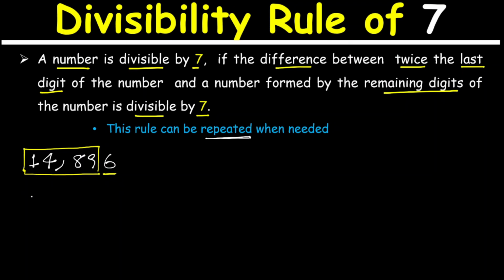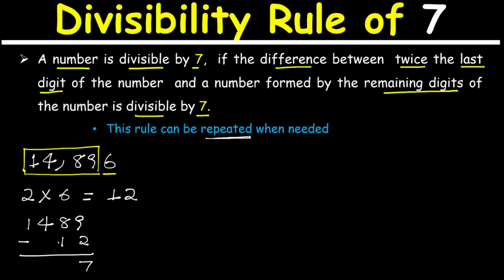Twice of the last digit is 2 multiplied by 6, which is equal to 12. Now, let's calculate the difference. 1,489 minus 12: 9 minus 2 is 7, 8 minus 1 is 7, and we have 4, we have 1.